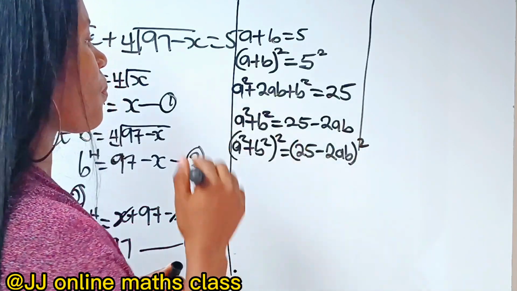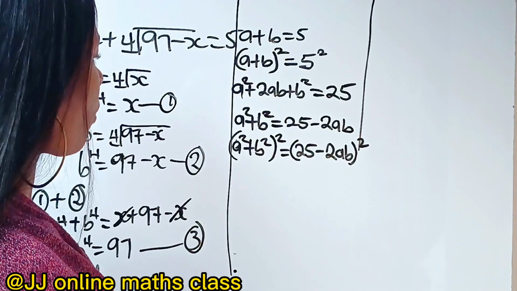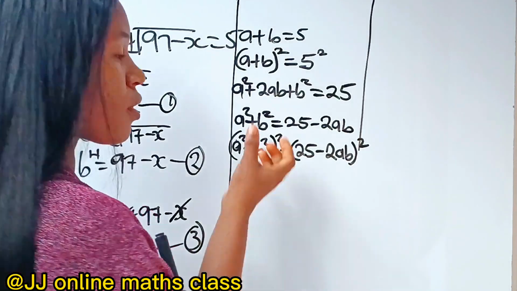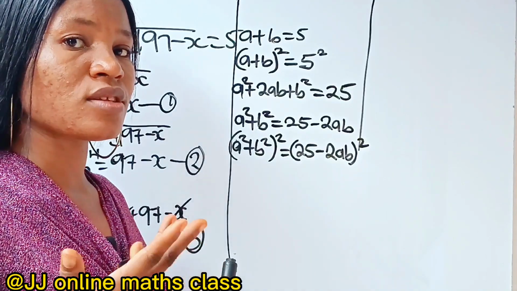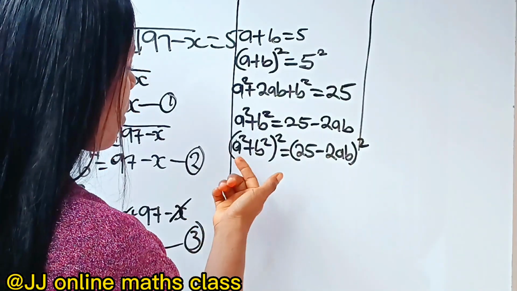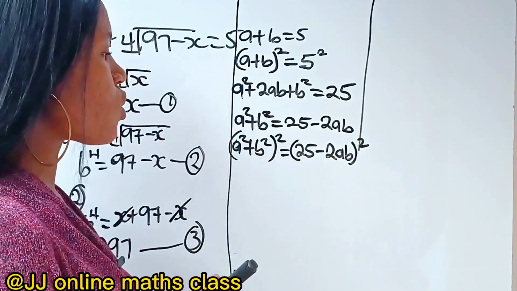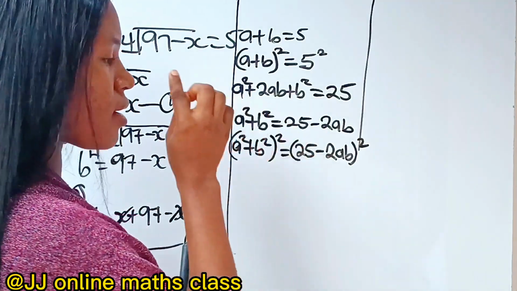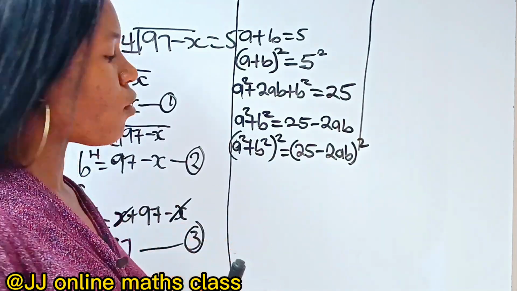Okay, now let's continue. You remember the algebraic identity, right? This time around we have A squared plus B squared, so it's going to be A squared squared, which is the same thing as A to the power of 4.